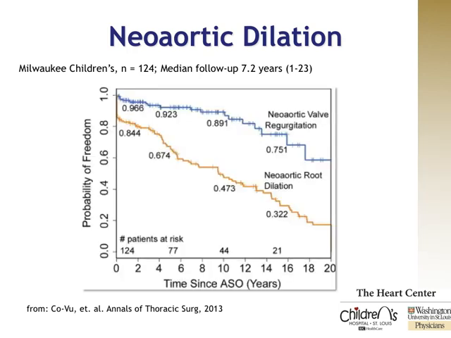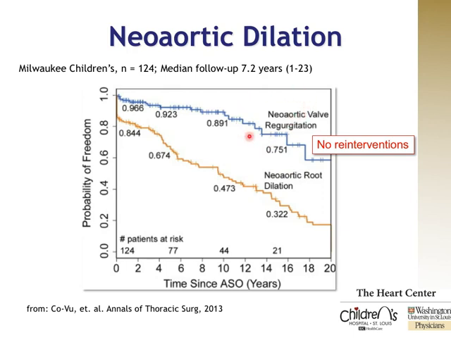When they looked at the freedom from regurgitation or dilation, they showed this gold bar, which shows that over time, up to 20 years, the freedom from dilation was pretty low. Virtually all of these patients got dilation of their aortic root.